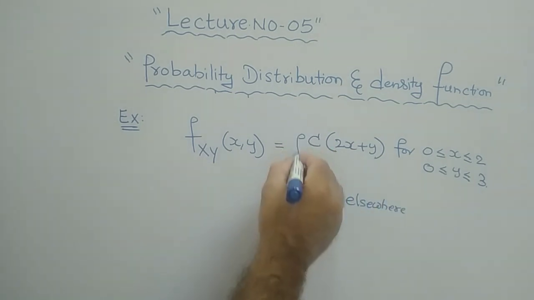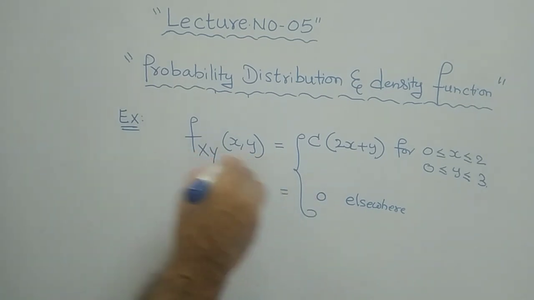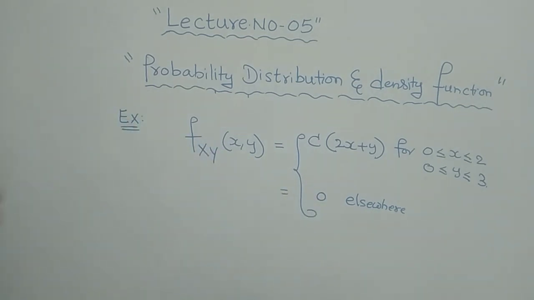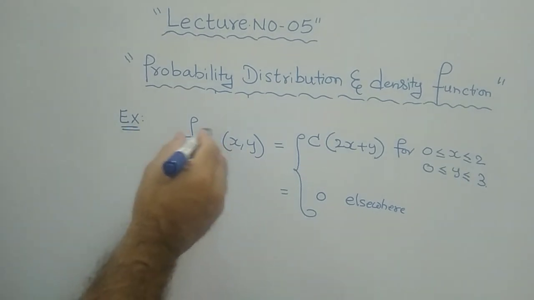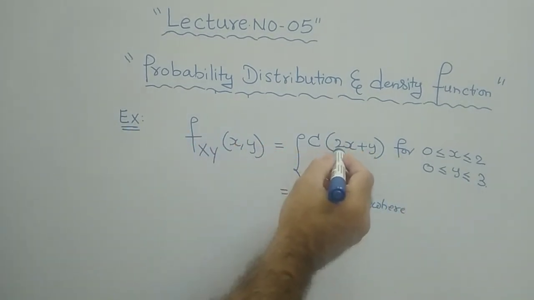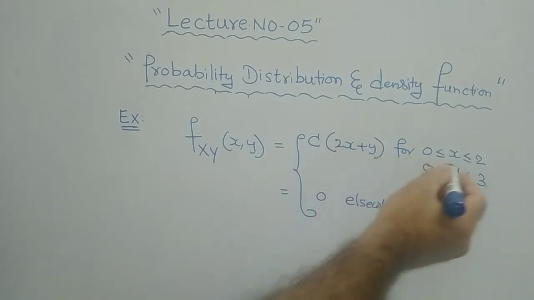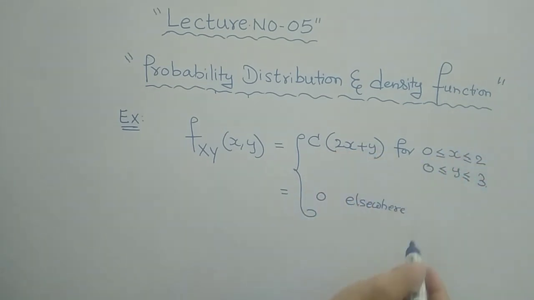This is the definition given as a probability density function of two random variables x and y, c into 2x plus y, with the limitations of x and y given like this.